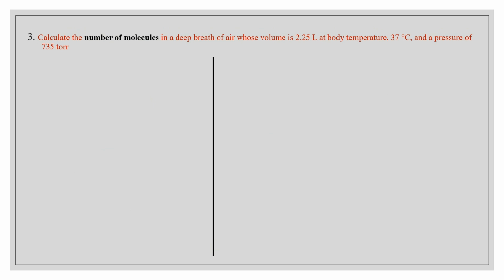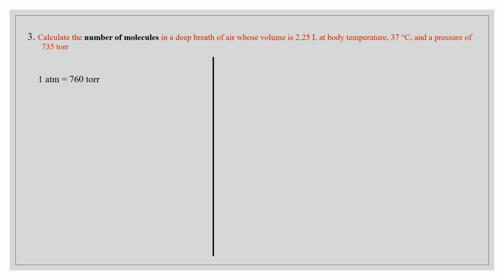Let's move on to the third question. Calculate the number of molecules in a deep breath of air whose volume is 2.25 liters at body temperature, 37 degrees Celsius, and a pressure of 735 torr. So the torr value, let's convert into atm.